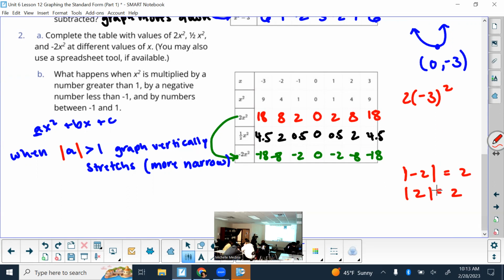Actually, it's 2. So absolute value bars make the number inside positive, because absolute value is like how far away it is from 0. So that's why even when it's -2, the graph is still getting more narrow, because the absolute value of -2 is still greater than 1. Does that make sense? So that's why we're adding it to that definition.